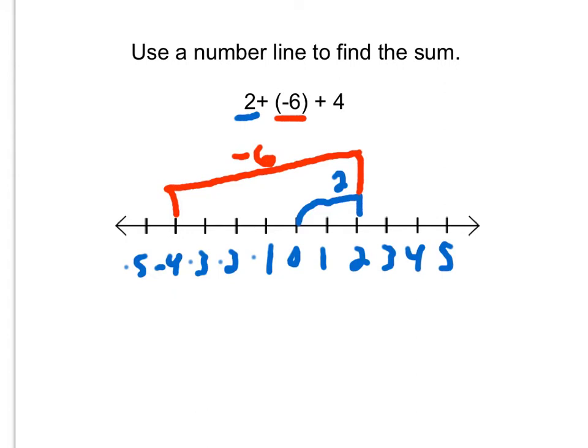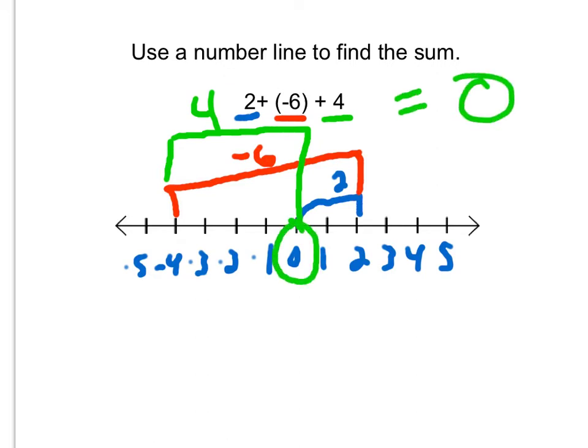Okay? Then I need to travel positive 4. So I need to travel 4 spaces in the positive direction from where I left off. So I'm going to start here and travel 1, 2, 3, 4 spaces and tell where that puts me. Well, I ended right here at 0. So my answer is 0.